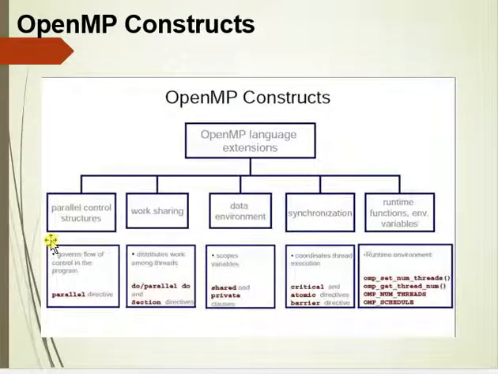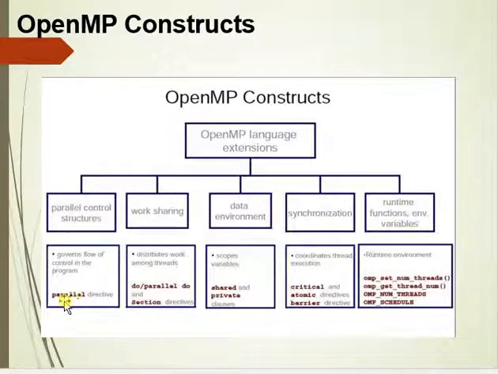Here is the block representation of OpenMP constructs. The OpenMP language extensions may include 5 modules, which are parallel control structure, work sharing, data environment, synchronization, runtime functions, and environment variables.